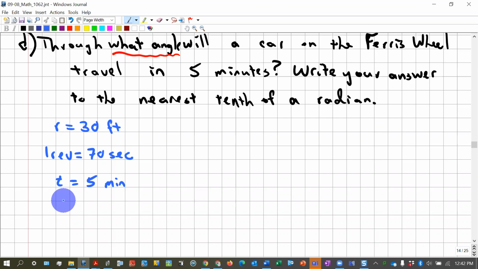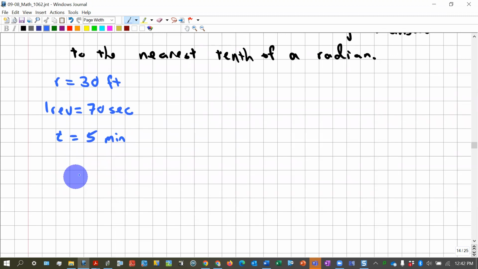You usually don't start with the radius unless you're just converting the radius itself from feet to inches or whatever, or you're converting the radius to the diameter, a distance to a distance, right? So one of these is essentially a rate. Two of them are amounts, but I'm probably not going to start with the radius, so I'm going to start with the time.